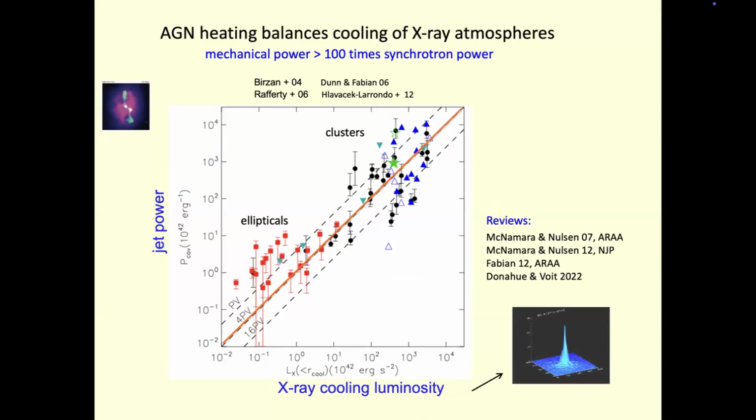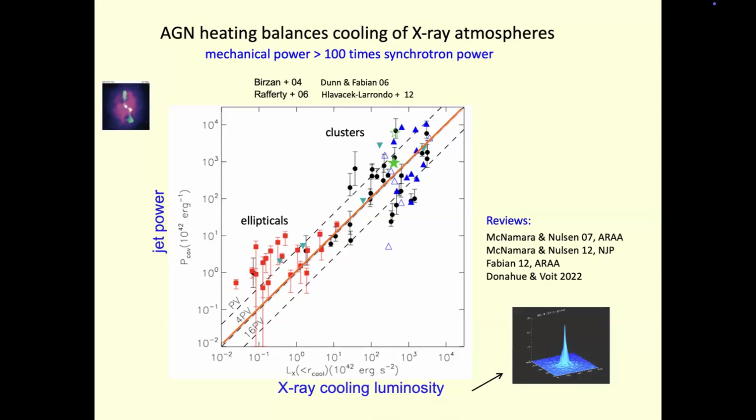What you can see here is that the line going through the center, at 4 PV, is approximately equality between heating and cooling. The remarkable thing about this plot is that it shows a rough balance between heating and cooling, with, of course, departures, as there must be to keep a feedback system going, from central galaxies and clusters all the way down to ellipticals. But as you get down into the ellipticals, things start getting pretty dodgy because the measurements are much tougher.